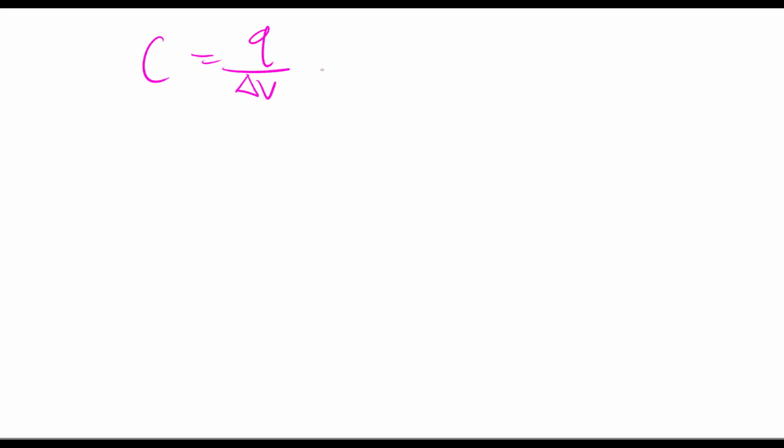So let's see here. Well, we're keeping charge constant, right? We're keeping like 5 coulombs, and we're not changing it. So whenever something is remaining constant, you could just put a 1, right? And now you're doubling the potential difference, so delta V times 2.